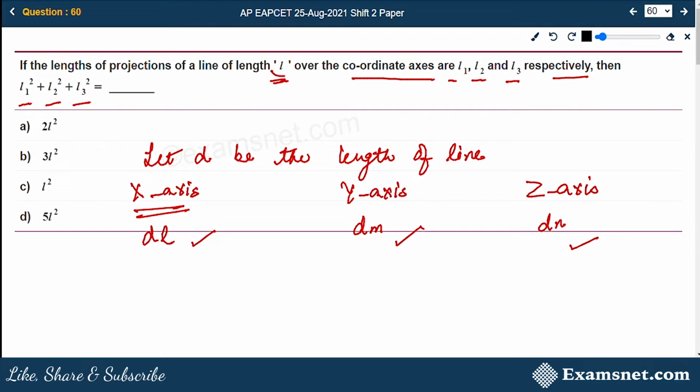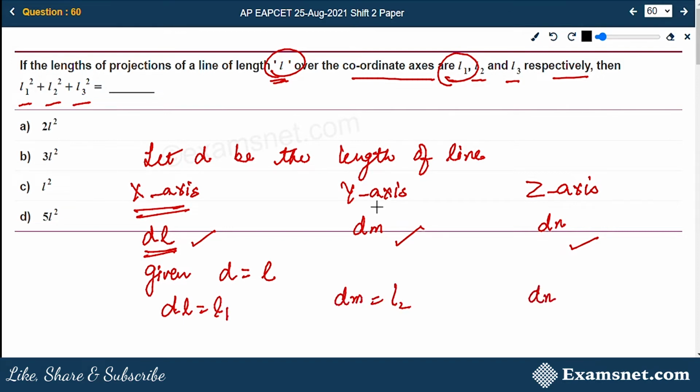You are given in this question that d is equal to L. That means according to what you are given in this question, this dl is equal to L1, dm is equal to L2, and dn is equal to L3.